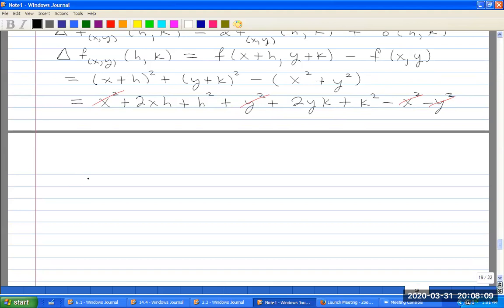So this is equal to 2xh plus 2yk plus h squared plus k squared.